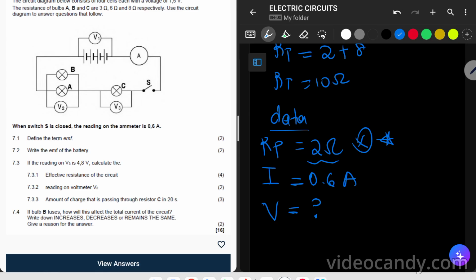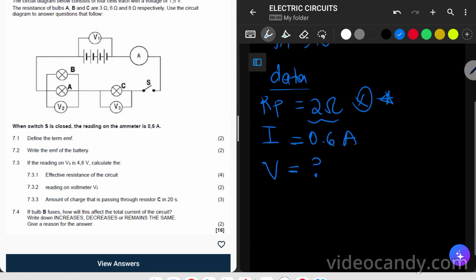So whatever voltage you get for V will be the voltage of both A and B if they were parallel. But in this instance, if it is a series, the voltage you get, when you add it with the voltage read by V3, is supposed to give you the total voltage or the EMF of that specific bit.